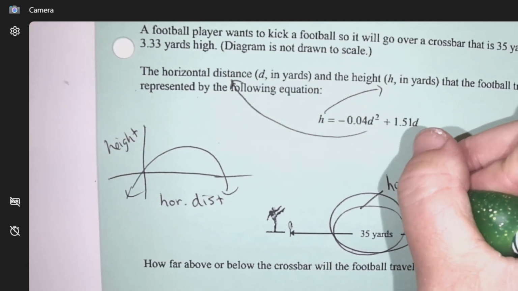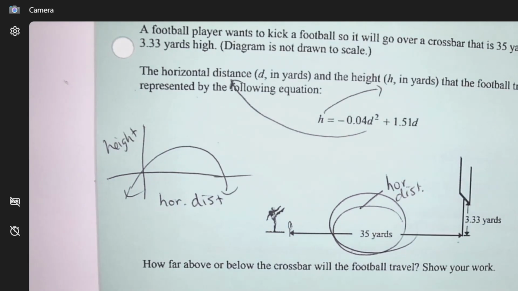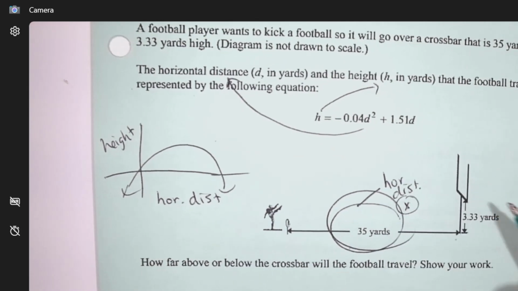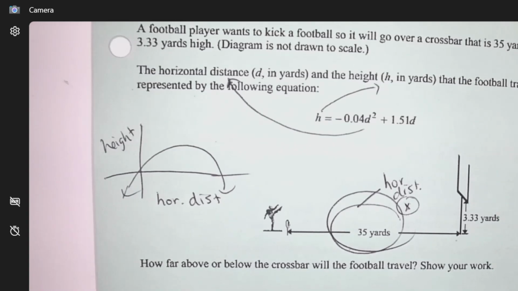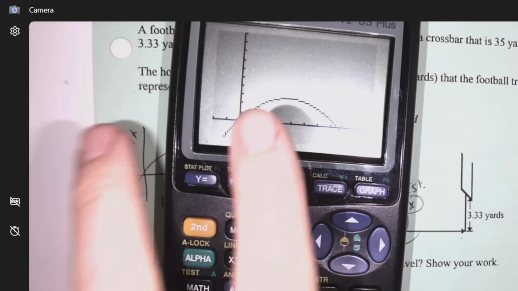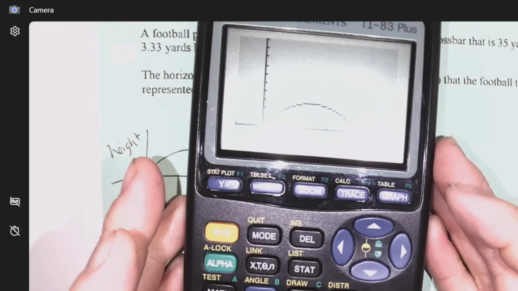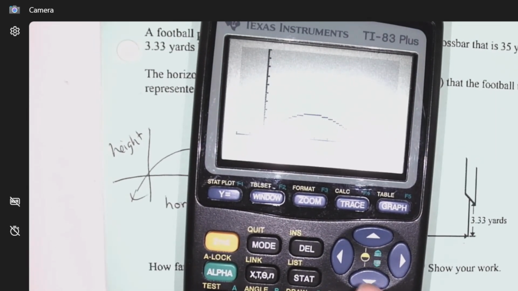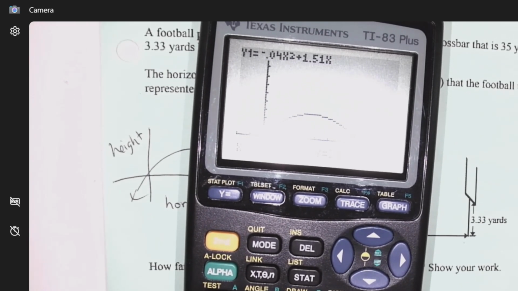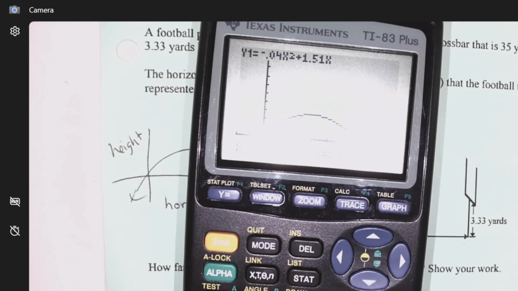It's a horizontal distance. Is that an x value or a y value? It's an x value. So what do you do if you know x values? Trace, and you tell your mouse to go to 35, enter. If you know x's, you just tell it to go there.